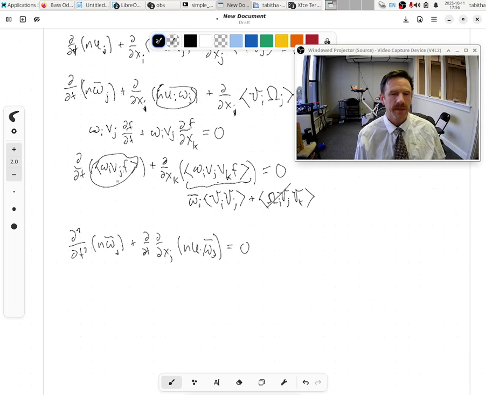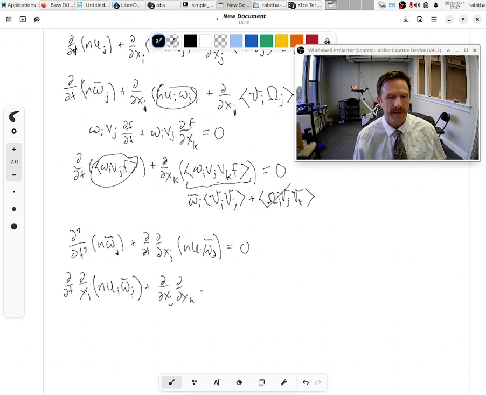And then from our second order term here, we're going to take a xj derivative. So we're going to have a d by dt, d by dxj of our n ui bulk omega j. Oops. Very sorry about that. And now this is the second spatial derivative, dxj, d by dxk.